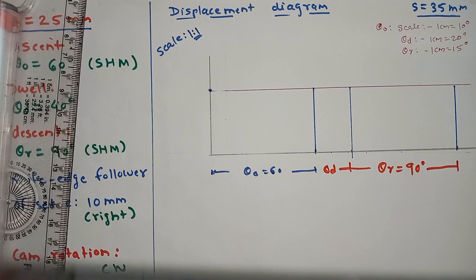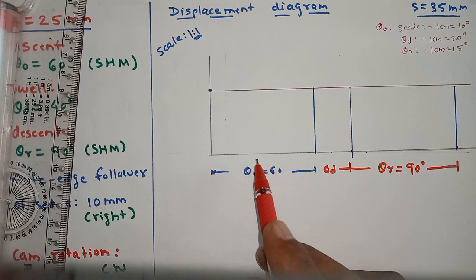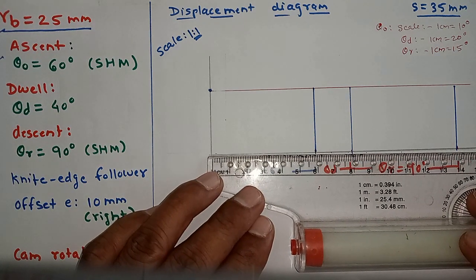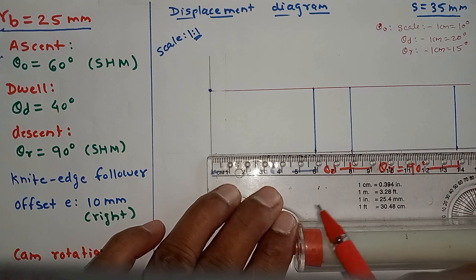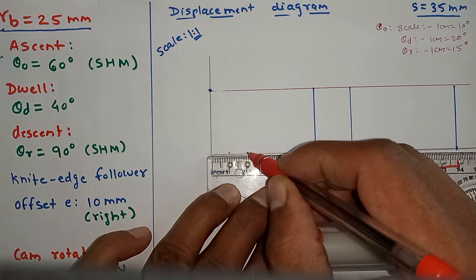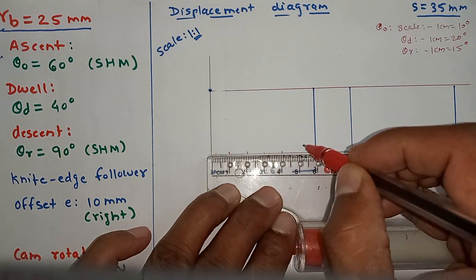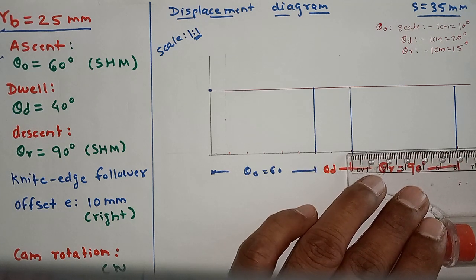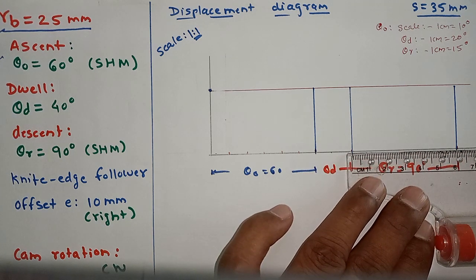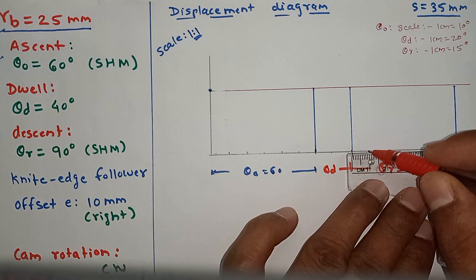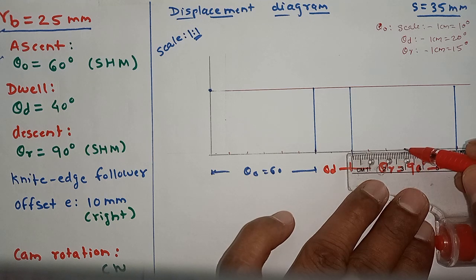Now I will divide the outstroke angle into 6 equal parts. One division equals 1 centimeter. So 1, 2, 3, 4, 5 and 6. Similarly, I will divide the return stroke into 6 equal parts. So 1 centimeter for one division, 1, 2, 3, 4, 5 and 6.